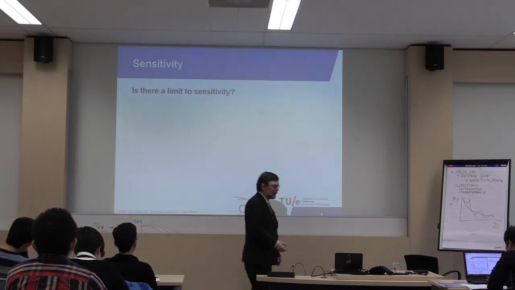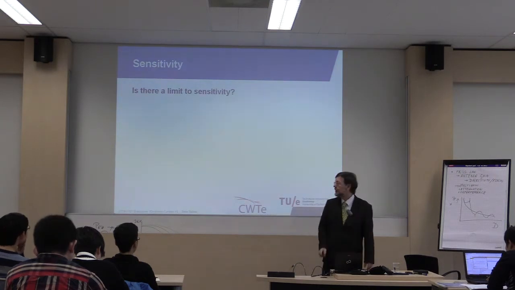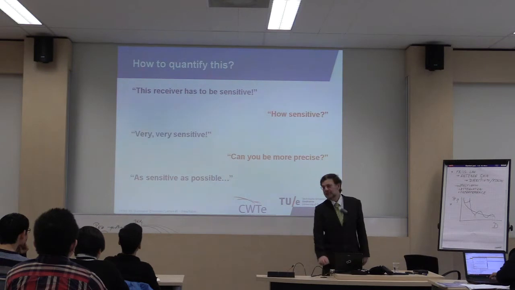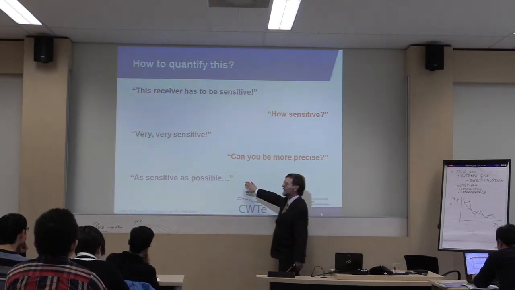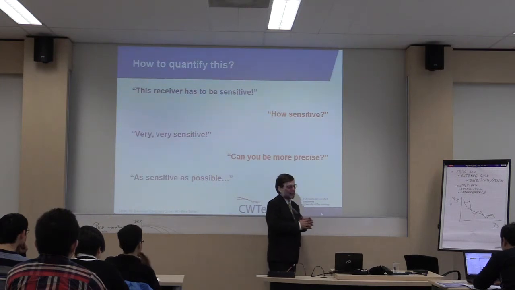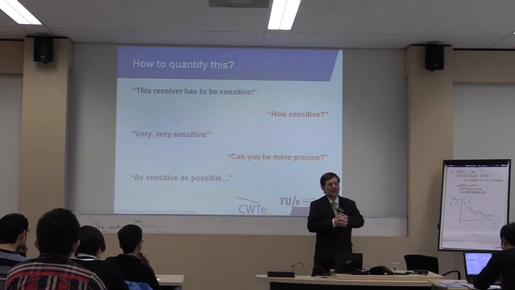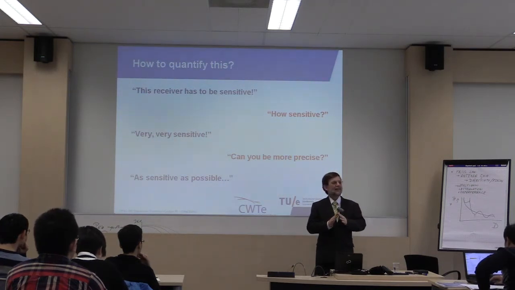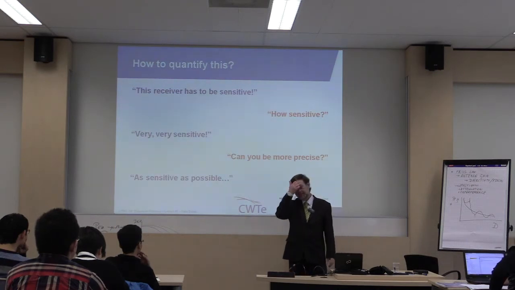Well, the reason I want to know that is basically because of this guy, right? If he tells me to make something as sensitive as possible, and I design a Bluetooth receiver, and the Bluetooth receiver has a sensitivity of minus 98 dBm, and I say, that's as good as it gets. I've worked with a team of very experienced people for 3 years, and this is what we got, and it can't be any better.